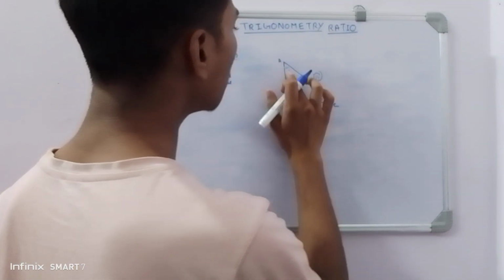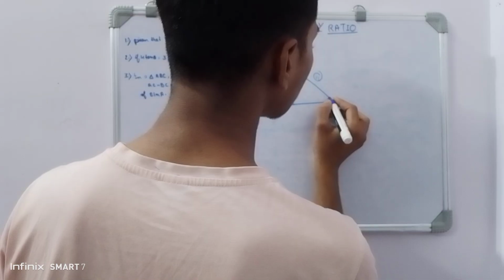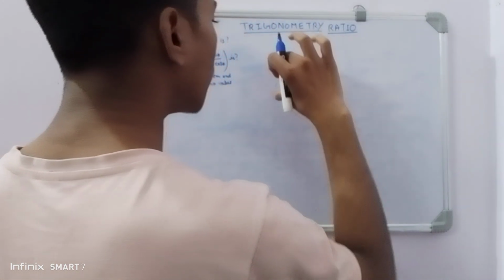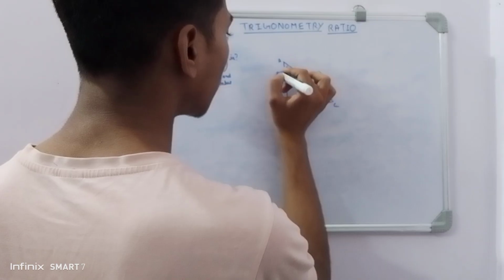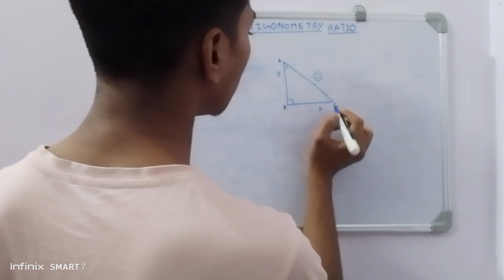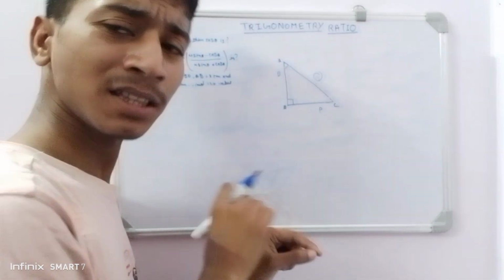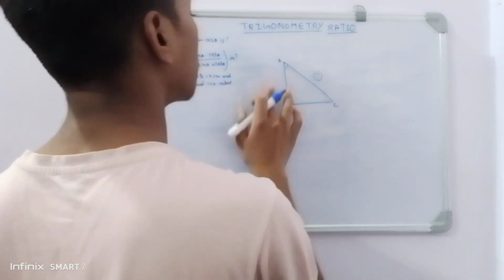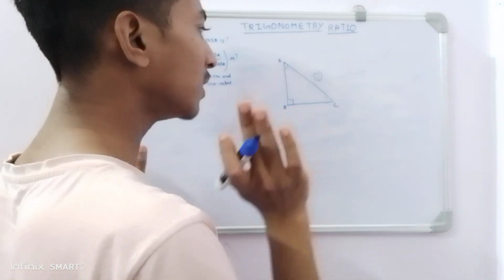So whenever we are discussing angle C, the base becomes this one and this becomes the perpendicular, and for the other angle, this becomes the base and this becomes the perpendicular. I think you now understand the meaning of base and perpendicular, and the hypotenuse always remains the same.